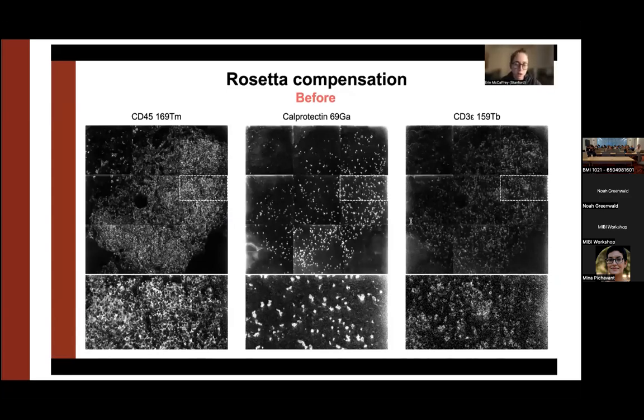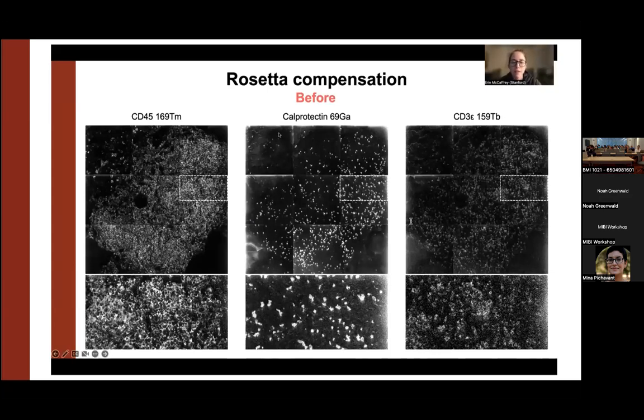And so I'll finish my talk today by coming back to where I started, with this raw imaging data that has been subjected to no processing. I chose to show these three channels not only because they cover a wide range of the mass spectra, but also because these represent three very different tasks when it comes to image compensation. In the case of CD45, we can see that for the most part, this imaging data is already quite clean and has much more negligible appearance of noise or background.